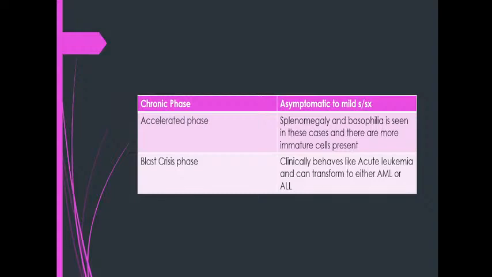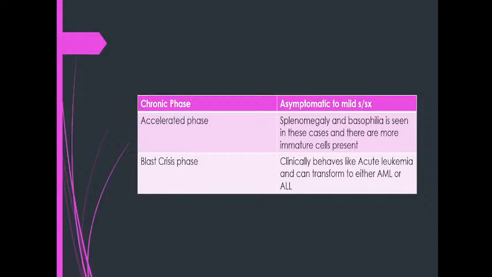After some time, the chronic phase ceases because there's no more increase in mature WBC counts. It becomes more so as younger forms become more present and evident, and that's why it usually transforms to AML or ALL.